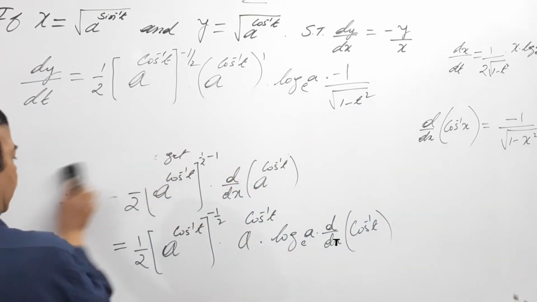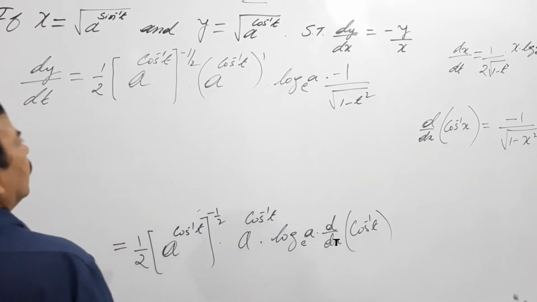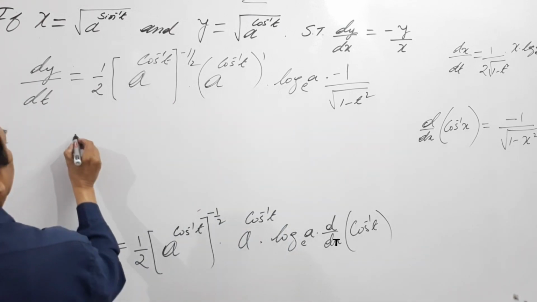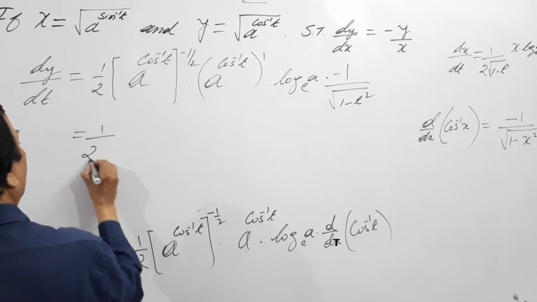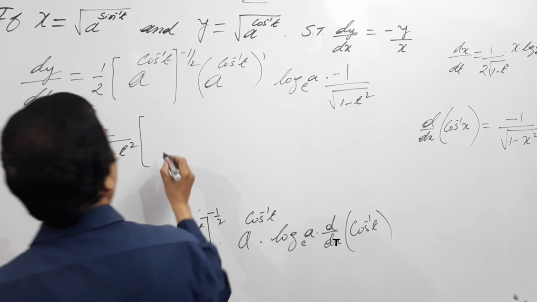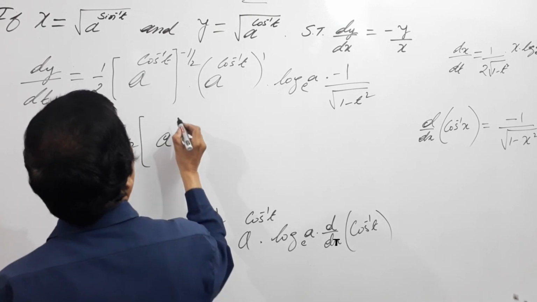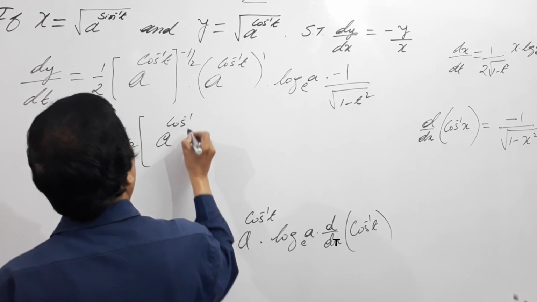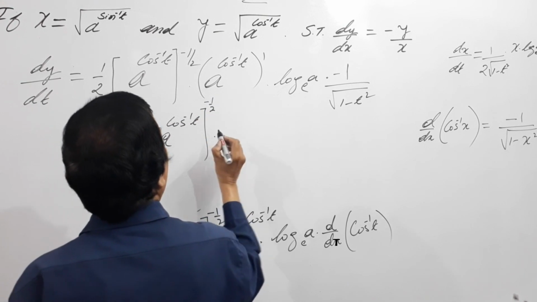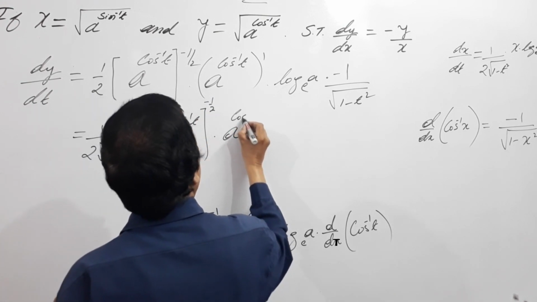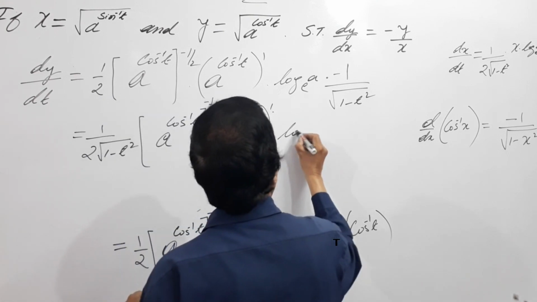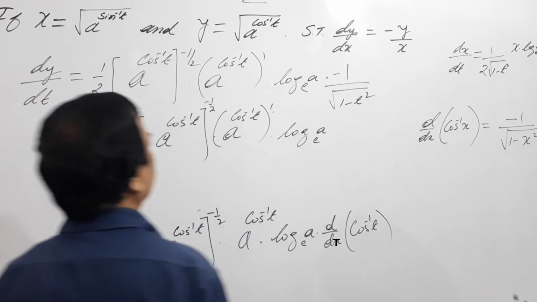I'll rub this. So what happens here? I'll bring this here itself. So that equals to half into 1 minus t square. So a to the power of cos inverse t to the power of minus half into a to the power of cos inverse t to the power of 1 into log a to base e.